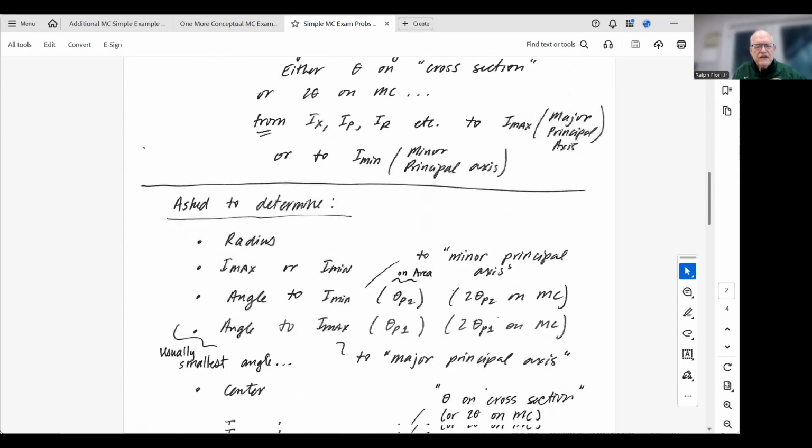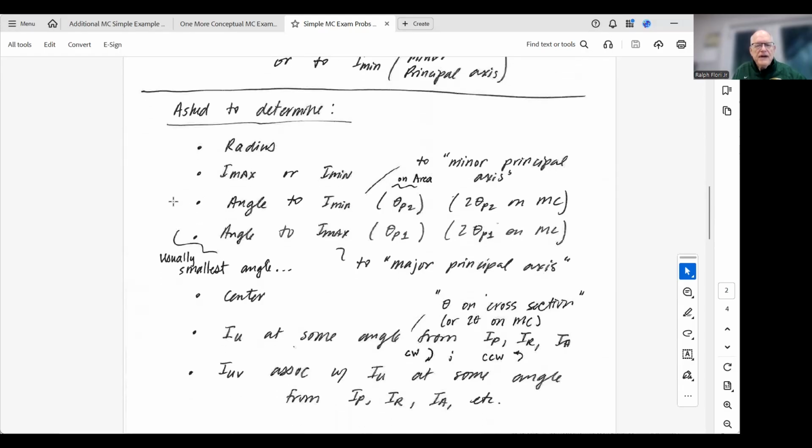So given all of these pieces, what are you asked to find? You might be asked to find a radius, I max or I min, an angle to I min, which is theta P2 on the area, which will be 2 theta P2 on Mohr circle. Or you might just be finding an angle to I max, which is sometimes called theta P1.